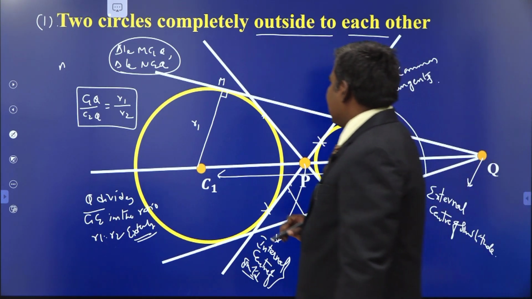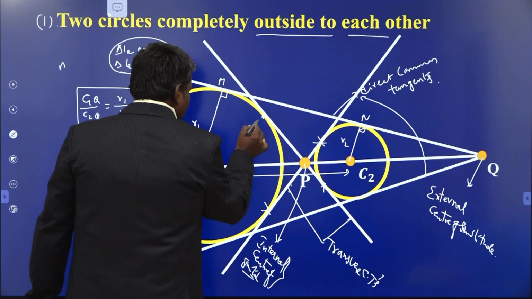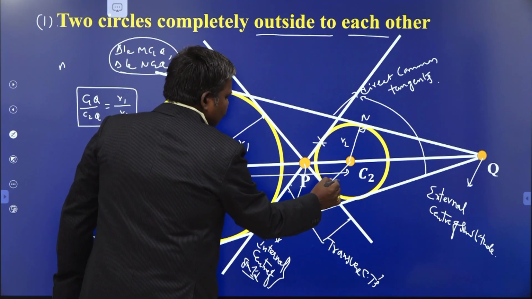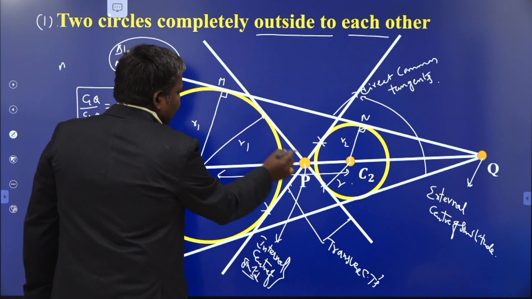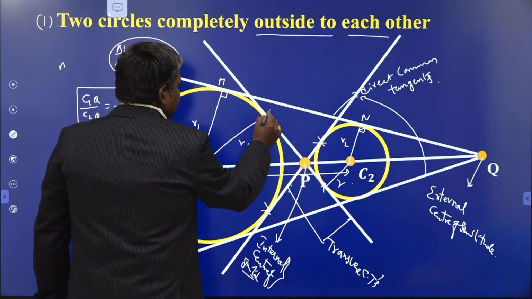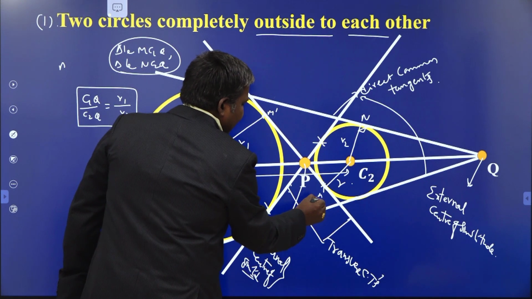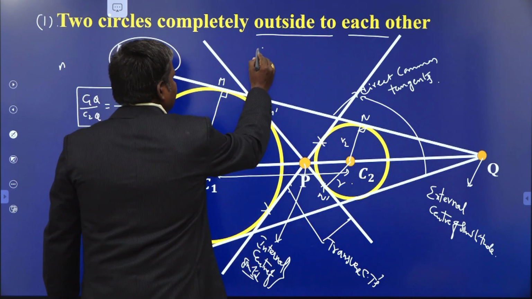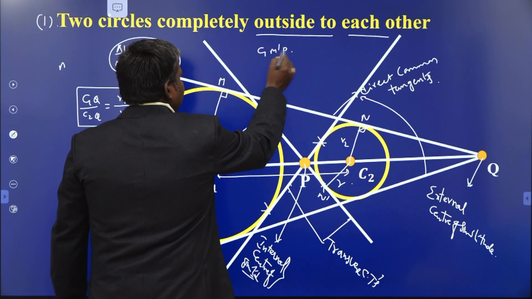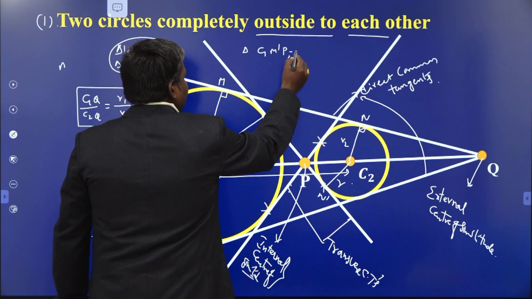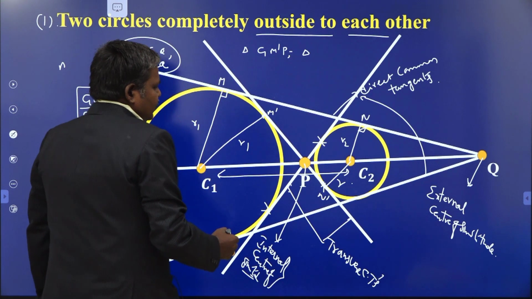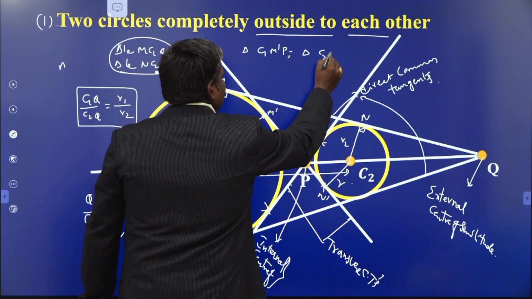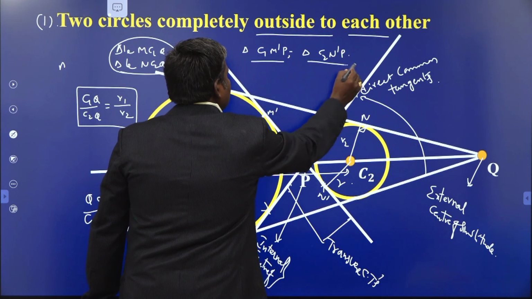In the same manner, join here to here. This is also R1 and this is R2. There exist another two similar triangles like this. Suppose this is M dash and this is N dash. Then triangle C1M'P and triangle C2N'P are also similar triangles.